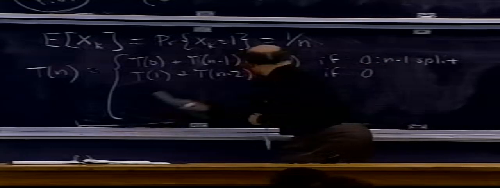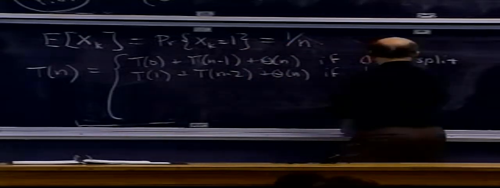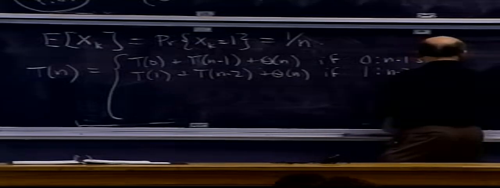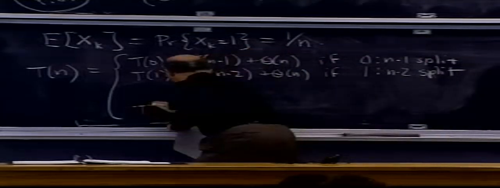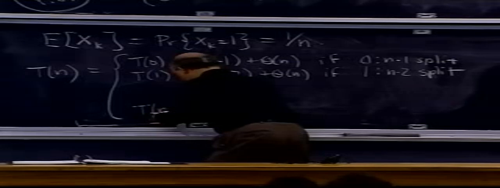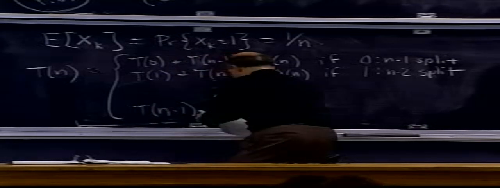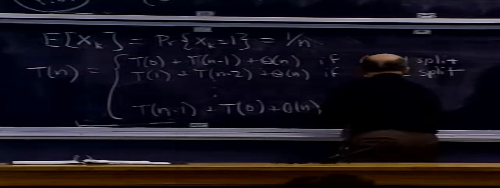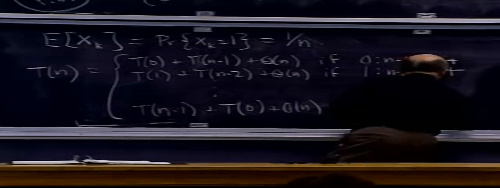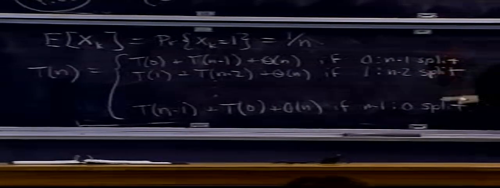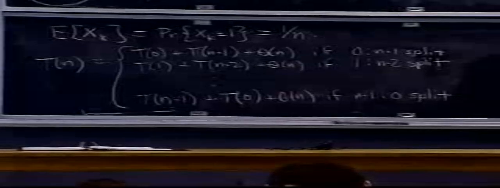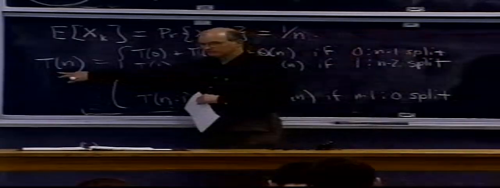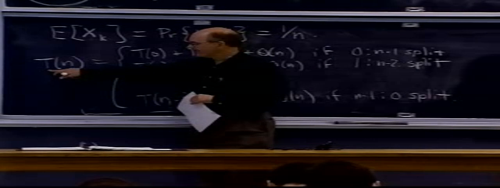if I get a 1 to n minus 2 split. And so forth, down to T(n minus 1) plus T(0) plus Theta(n) if I get an n minus 1 to 0 split. So this basically describes the running time, in terms of the random variable T(n), depending upon what happens.